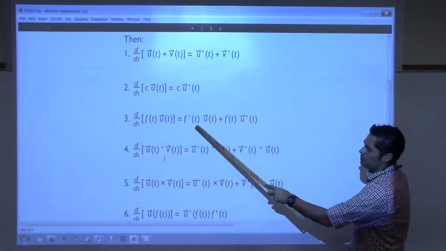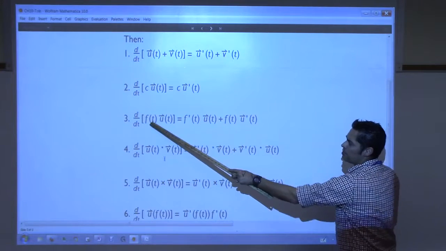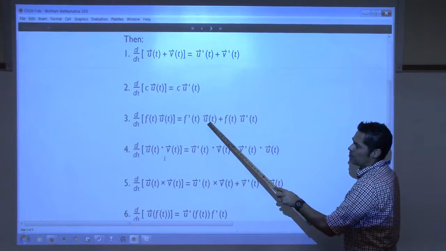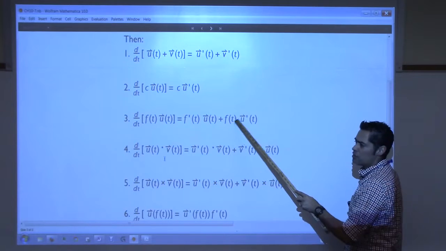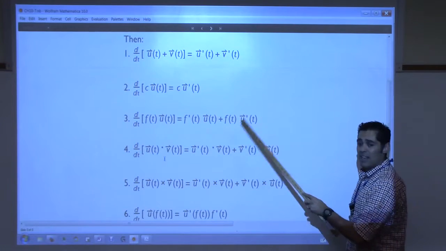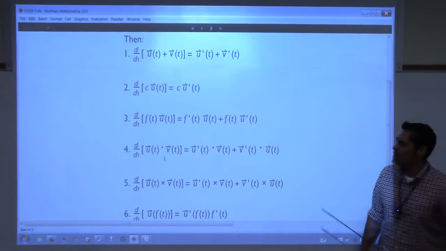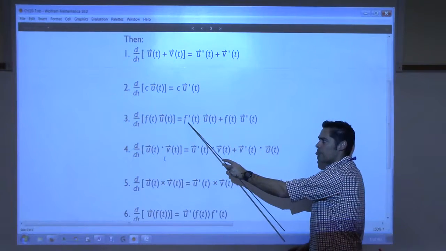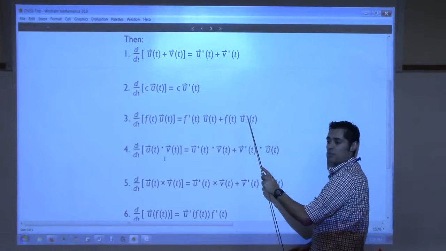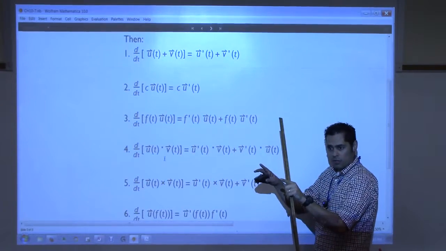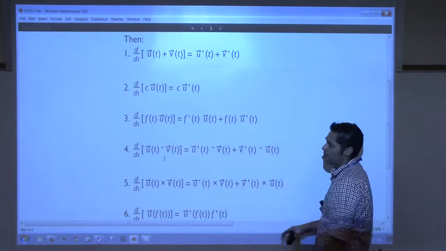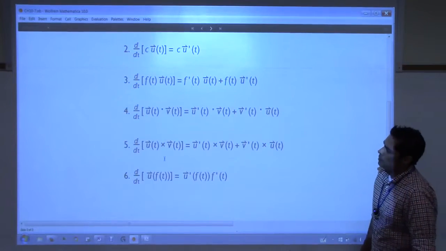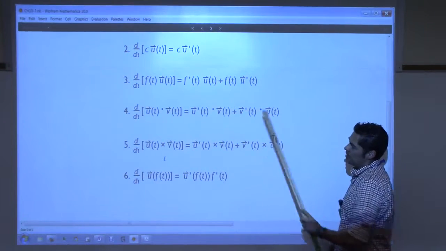It's the derivative of the scalar function times the vector function plus the scalar function times the derivative of the vector function. So isn't that just like product rule? Yeah. Just keep in mind, though, this derivative is a derivative of a scalar function as opposed to this, which is derivative of the actual vector function. So you have to do each component.